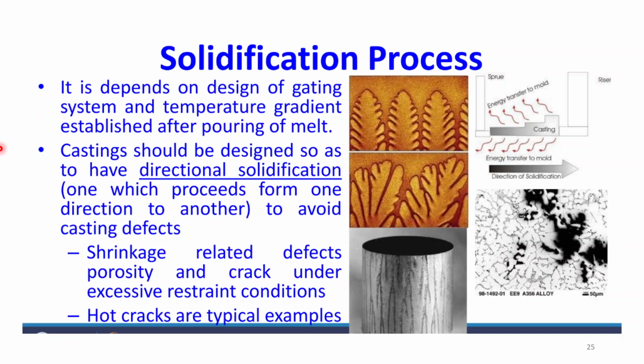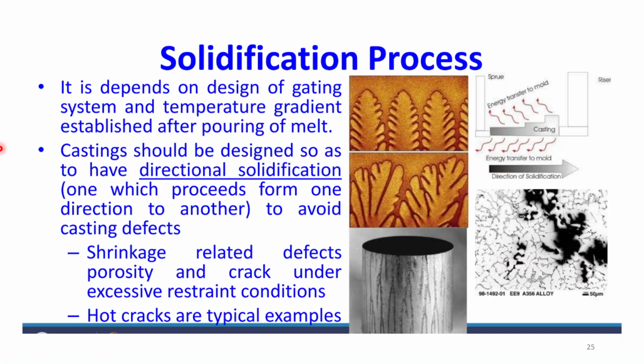If you are using metal or graphite molds, then as I told earlier, the cooling rate will be very fast. In that case your casting will have more of an equiaxed type of structure, and the casting should be designed so as to have directional solidification, one which proceeds from one direction to another to avoid casting defects. As I told earlier, the direction should be in such a manner.